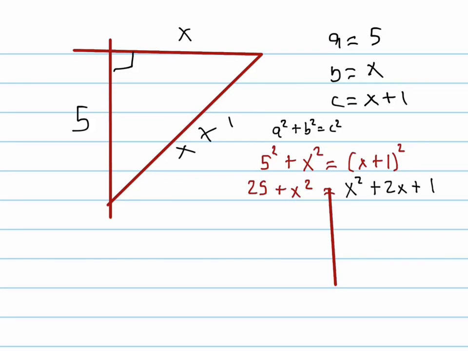I'm going to just start moving the x's around. Now, to do that, you just have to do the opposite of what you see. So, minus x squared. If I do that on one side, I have to do it over here. If I subtract x squared and x squared from itself, what's that going to be?